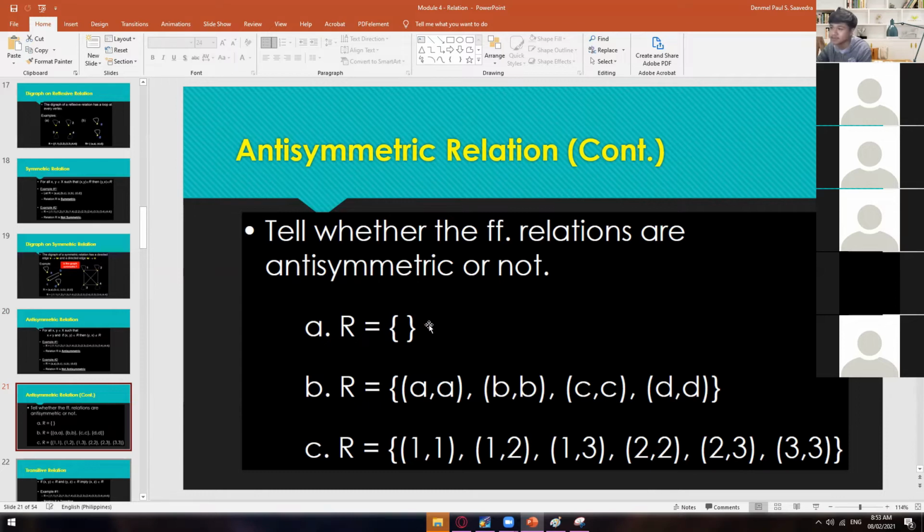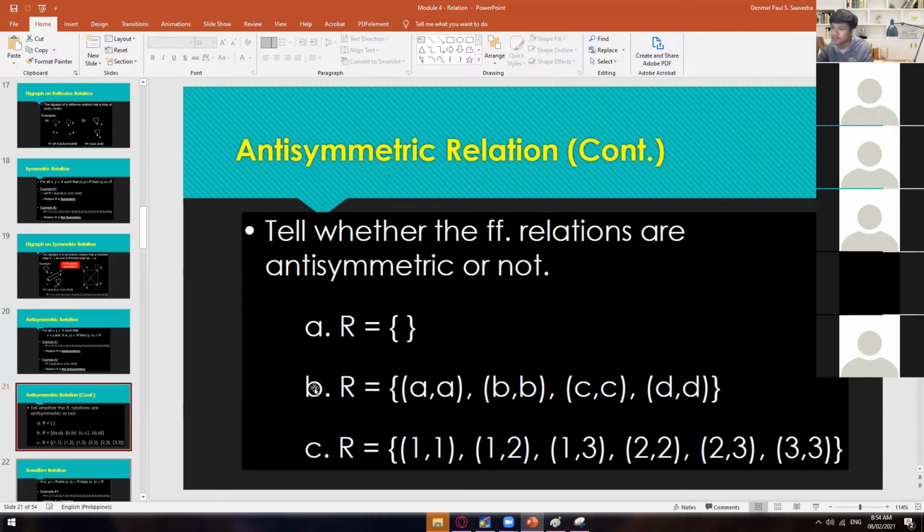If you have 1, 1, let's say 1, 2, then that's already good. This one is already anti-symmetric, since we don't have those ordered pairs, the x and then the y.